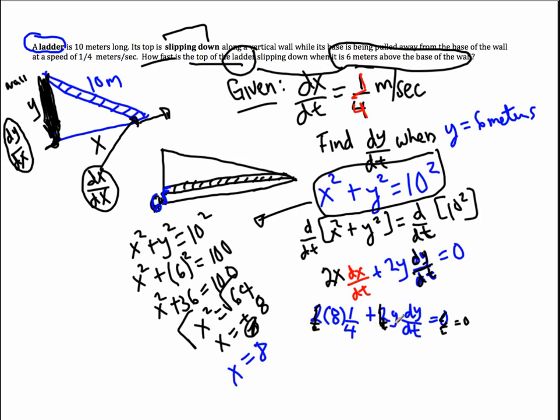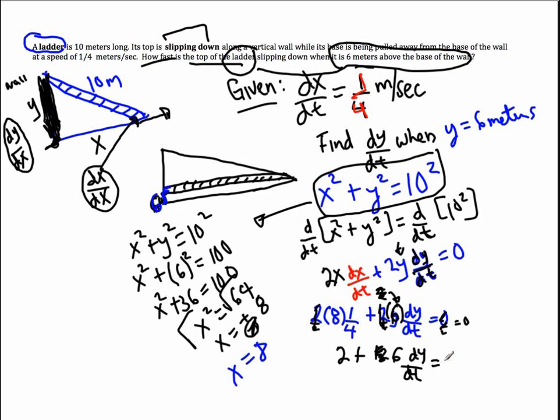Oh, I forgot one variable. y is 6 meters. So that gives you 2 plus 2 times 6, which is 12, so 6 dy/dt.